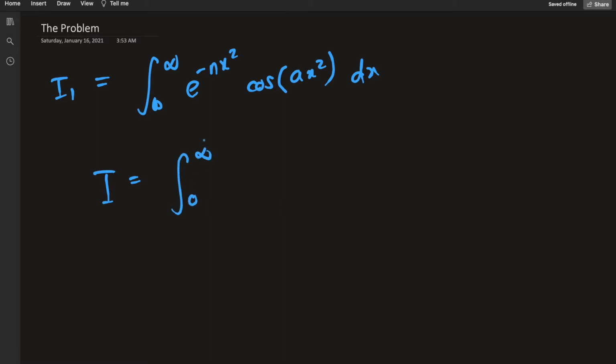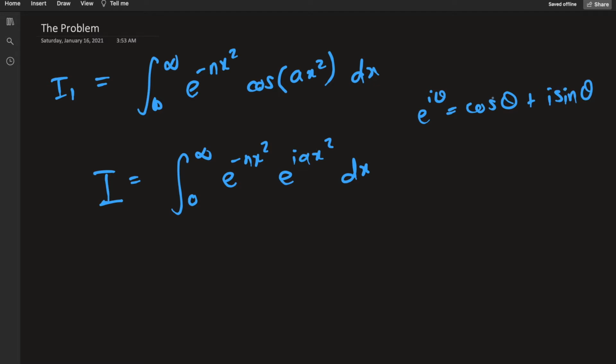Integral from 0 to infinity of e to the negative n x squared, and then I generalized the cosine as e to the i a x squared dx. I call this I, and this will be useful for us because e to the i theta, if you remember, is cosine theta plus i sine theta. This is Euler's identity.